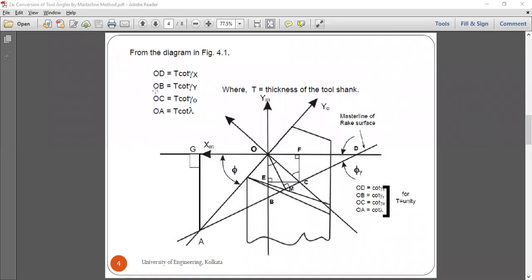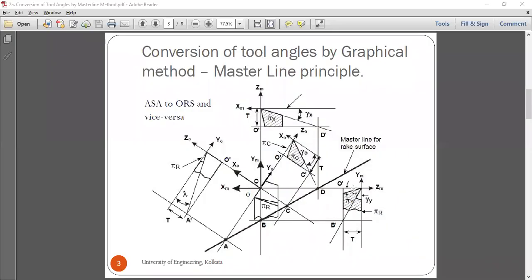Similarly, for this diagram, if I draw this triangle, this angle is gamma y, this is T, and this is OB.